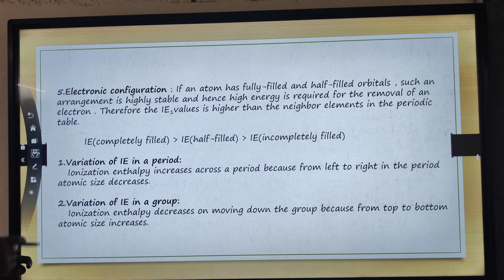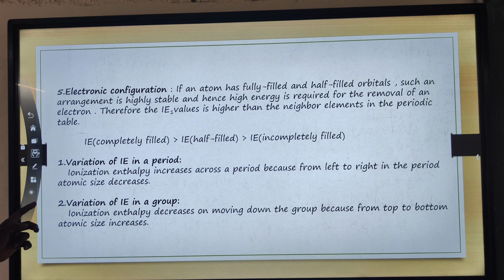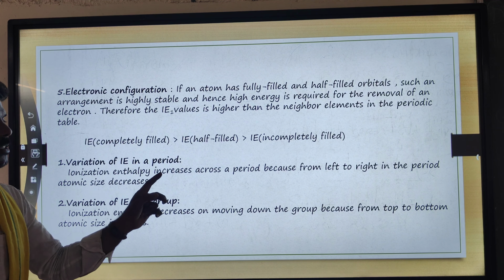Next, the last topic in this one is variation of ionization energy in a period. This is very important. In a period from left to right, atomic size decreases due to increasing nuclear charge. We all know that. Therefore, ionization enthalpy, or ionization energy, increases across the period, because atomic size decreases.